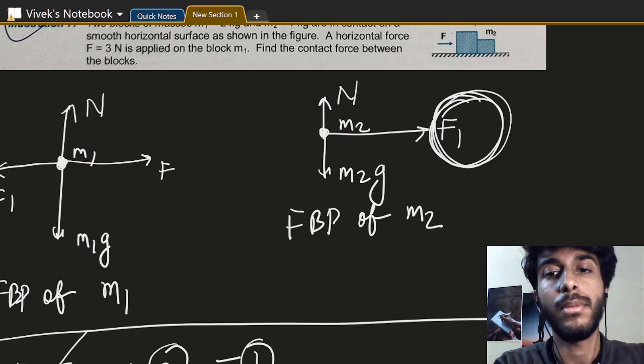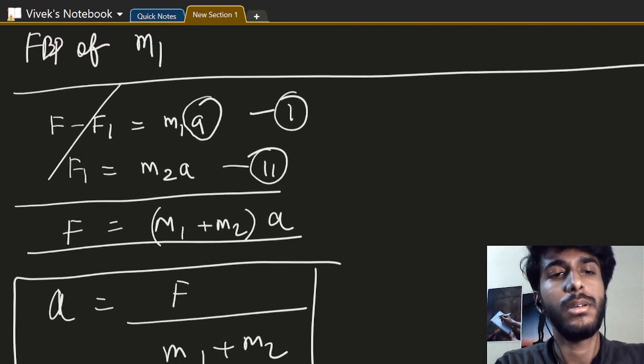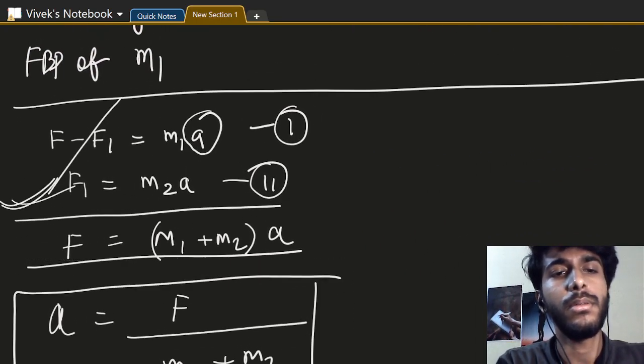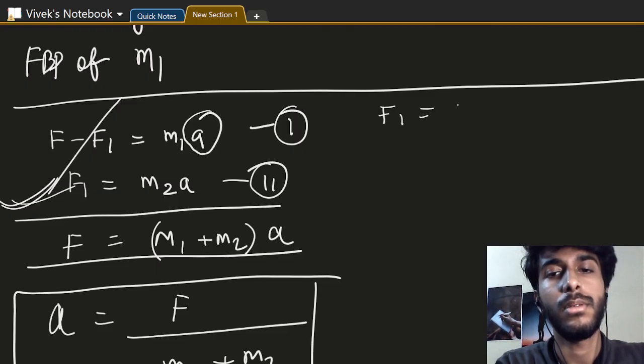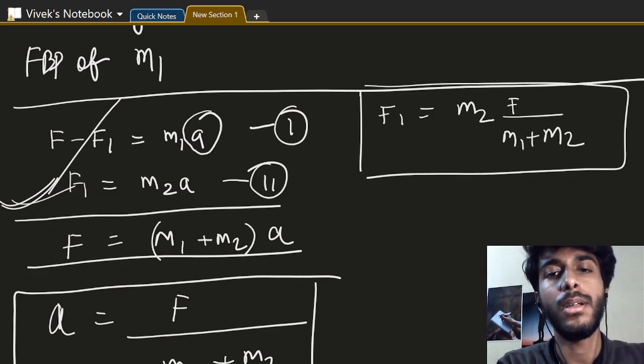So how do you calculate F1? Put it simply in the second equation. After putting F1 equals m2 into acceleration, we get m2 times F divided by m1 plus m2. So we got F1, and F1 is the contact force.